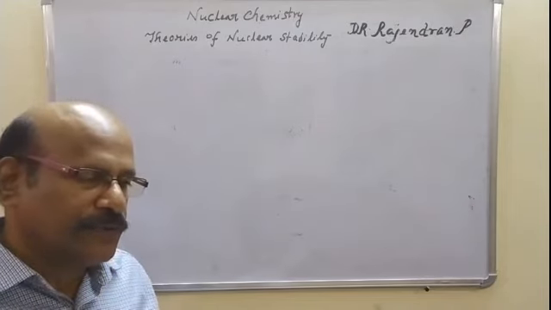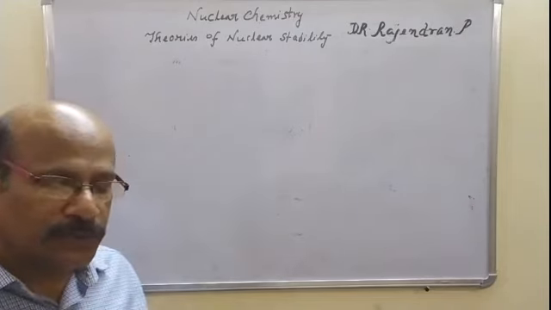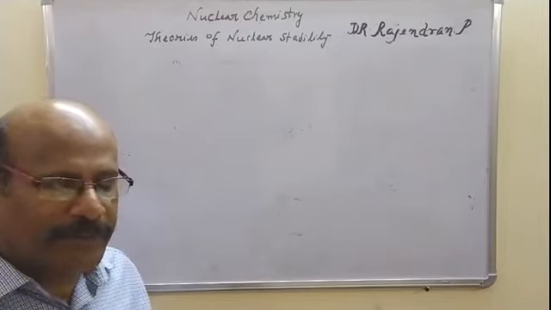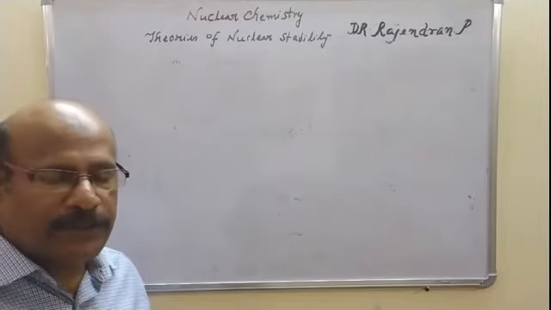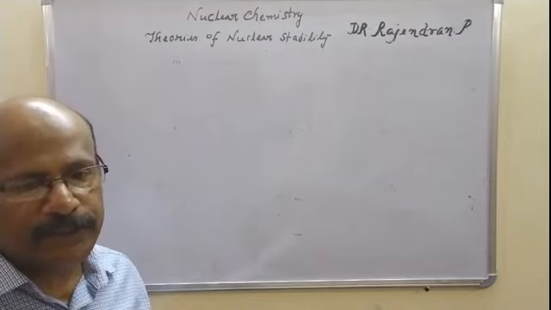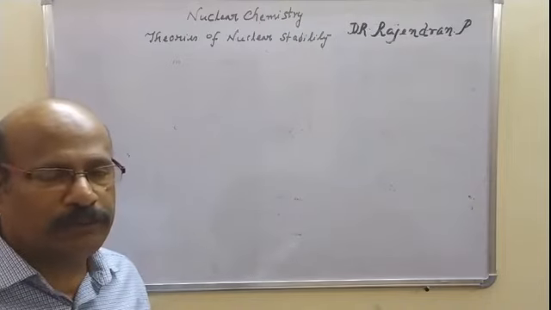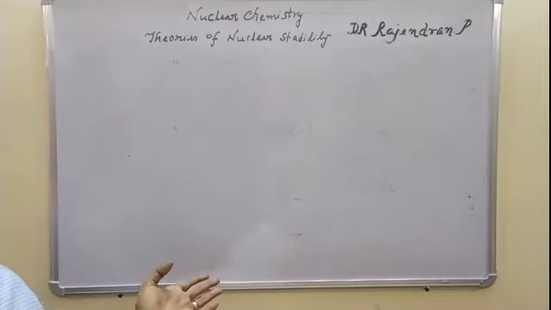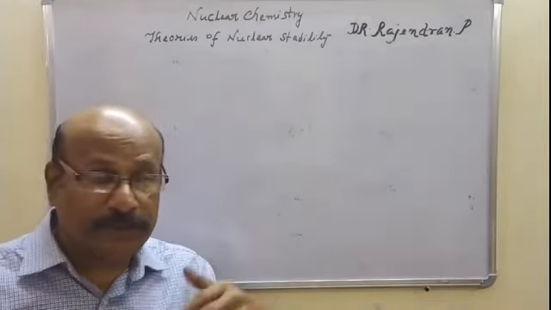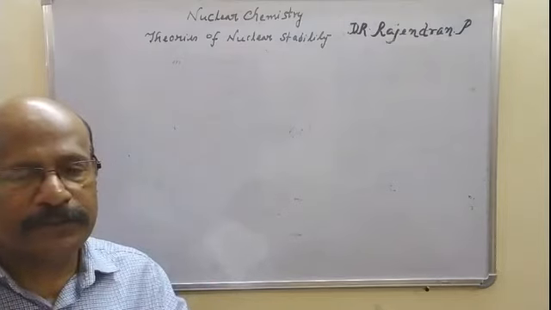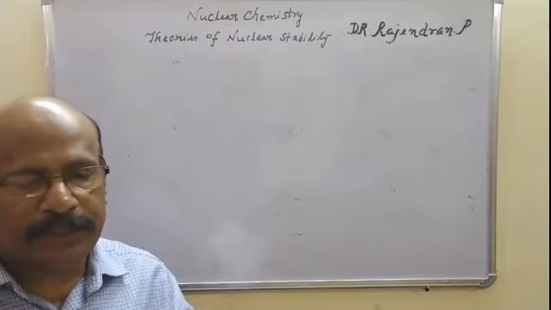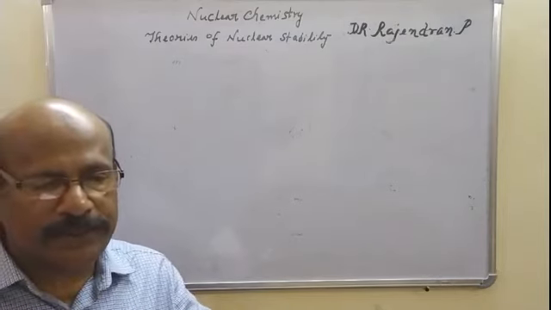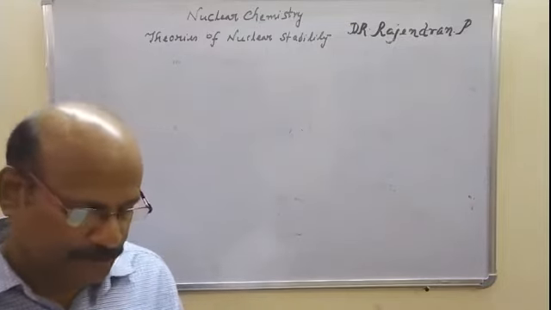If they are not, heavier nuclei, because they are alpha emitting, tend to increase the N by P ratio by increasing the number of protons through alpha emission. But in the case of lighter nuclei, if the N by P ratio is not equal to 1, usually greater than 1, they tend to emit beta particles, reducing the number of neutrons, and the N by P ratio now becomes equal to 1.